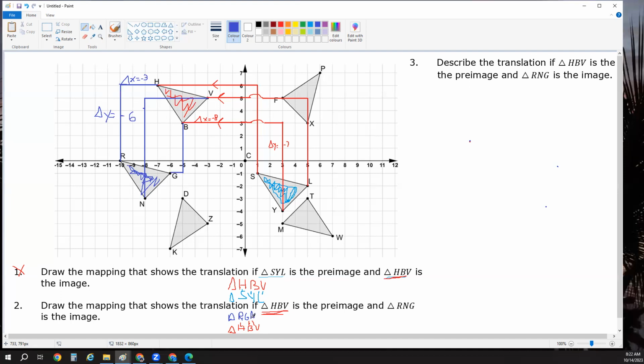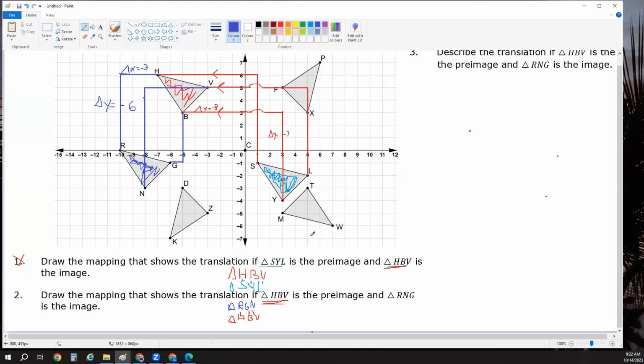Well, look at that mistake that I made. I went from G to B, right? I was supposed to go from G right here, G to B. They were not the same ones. This was HBV and RGN, right? And I believe that B and N should be matched up, right?